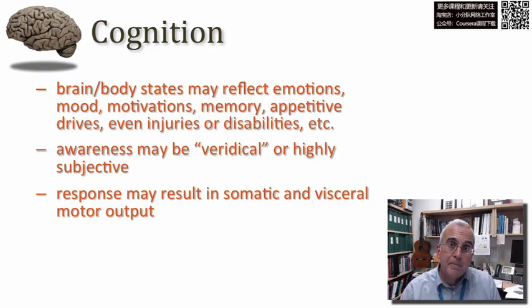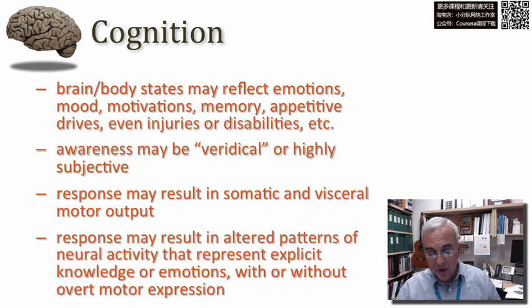The integration of stimuli with internal states, the production of awareness, may ultimately lead to a response, to a change in behavior. And that behavioral response may result in somatic or visceral motor output. It may result in altered patterns of neural activity that represent knowledge or emotions, even without the overt expression of movement.